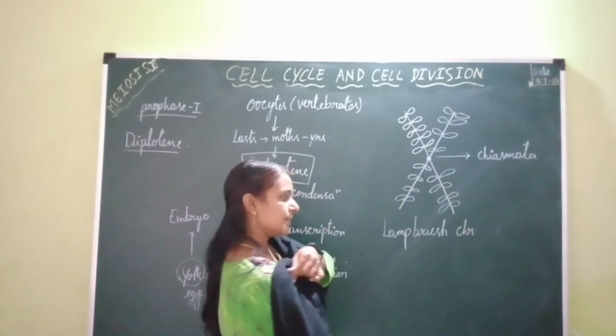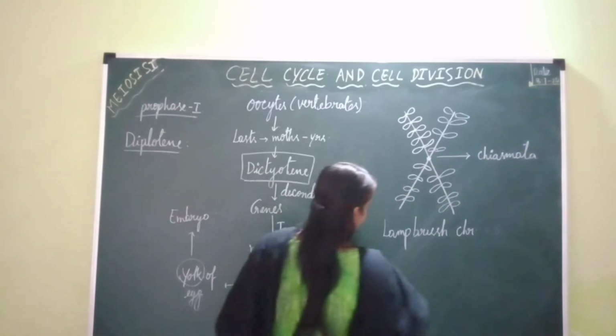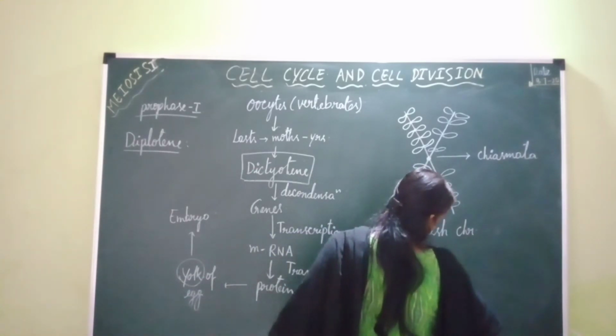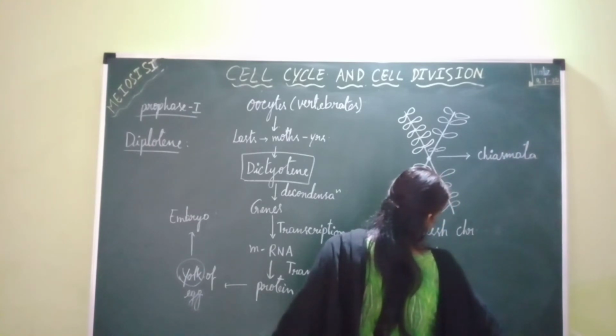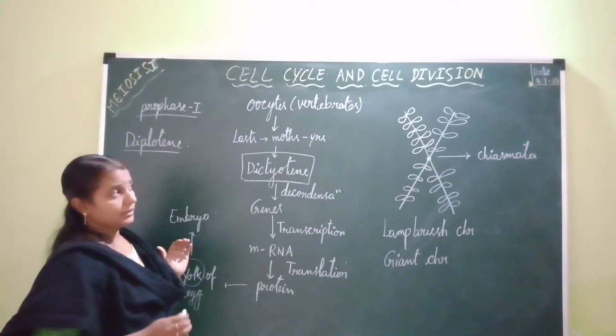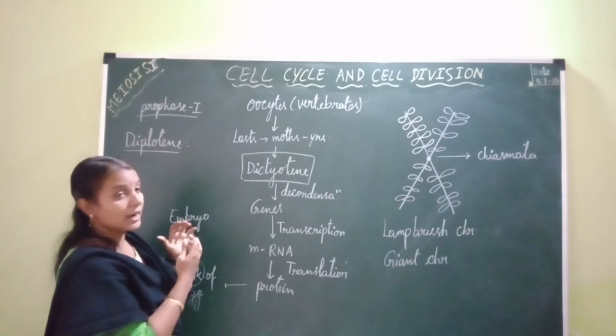And as they are larger in size because of decondensation, they are also called giant chromosomes. Okay, so this is about the condition of the homologous pair of chromosomes during the Diplotene stage, that too during the Dictyotene stage.